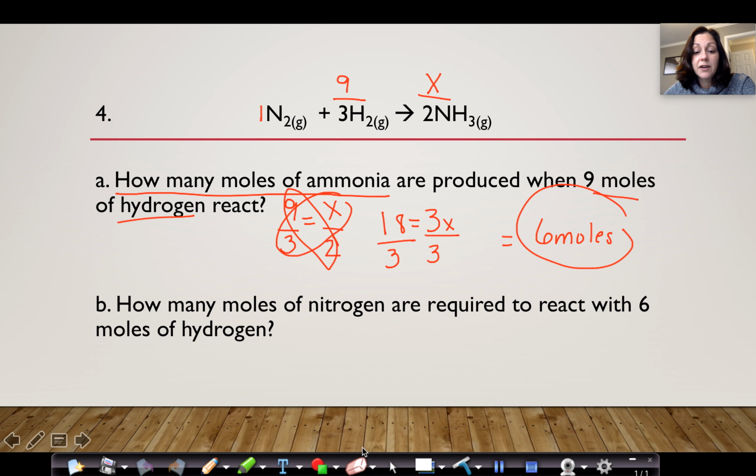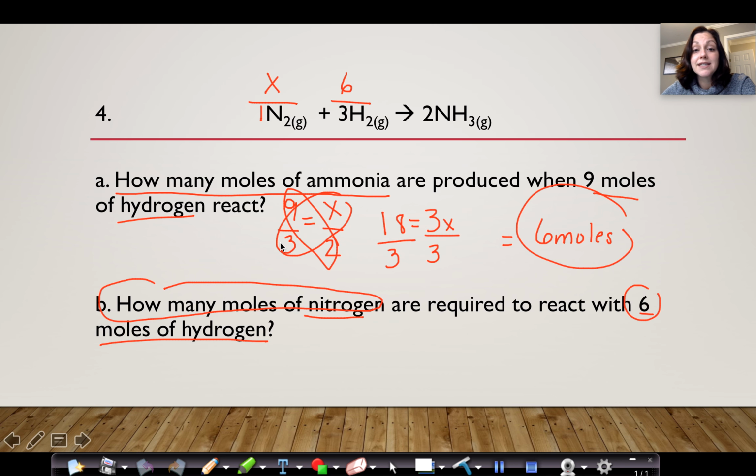And if we want to use the same balanced equation for another question, we're just going to cross out or erase the numbers up on top. It says this time, how many moles of nitrogen are required to react with 6 moles of hydrogen? Since they asked us about just nitrogen this time, we're going to put an X over the nitrogen, and they told us 6 moles of hydrogen, so a 6 goes up on top there.